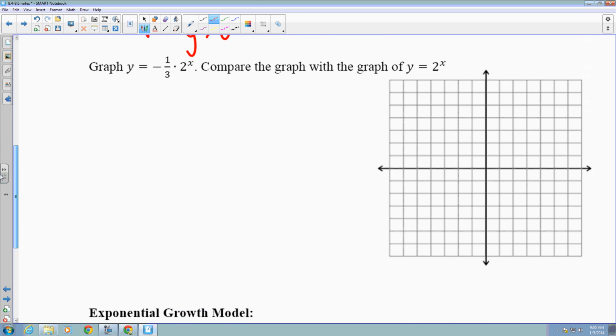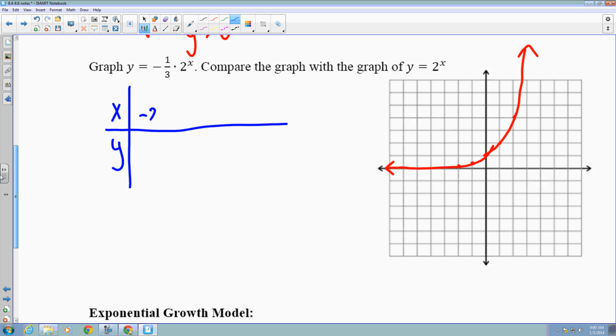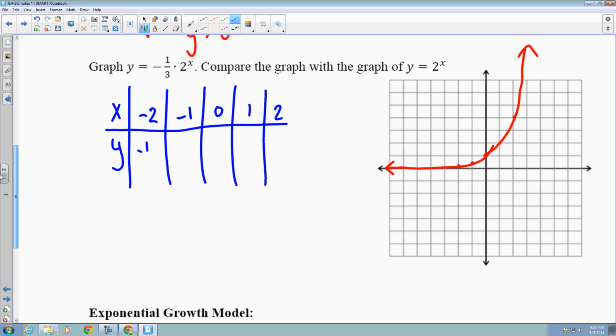Compare with the graph of negative 1/3 times 2 to the x. We just did 2 to the x, so I'm going to graph that one in red. Since we just did that one a couple times, I don't need to re-figure out what those points are. And then I'm going to do the new one in blue. So we have negative 1/12, negative 1/6, negative 1/3, negative 2/3, negative 4/3.